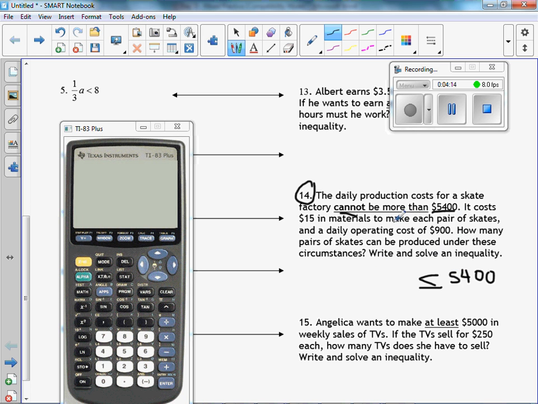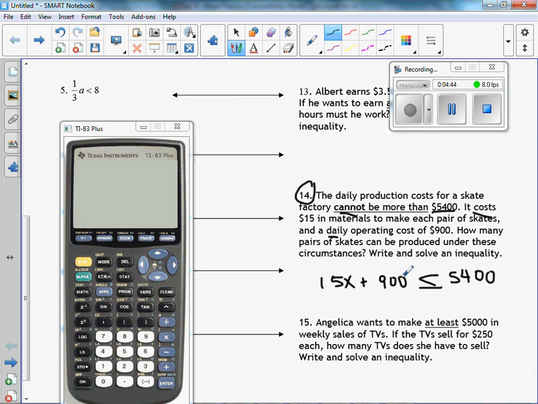So what do we know about the cost? We know it costs $15 in material, so we can call it 15x, $15 worth of materials to make each pair of skates. And the daily operating cost, that means every day, is automatically going to cost $900.